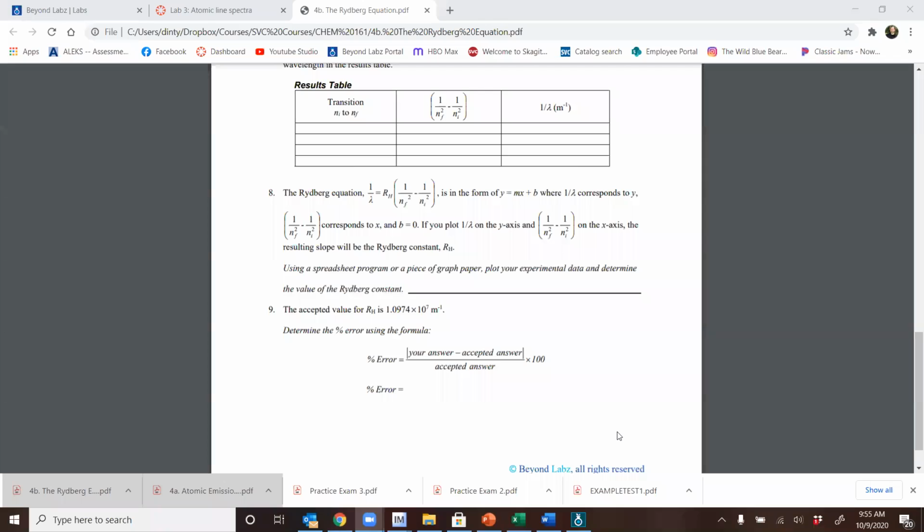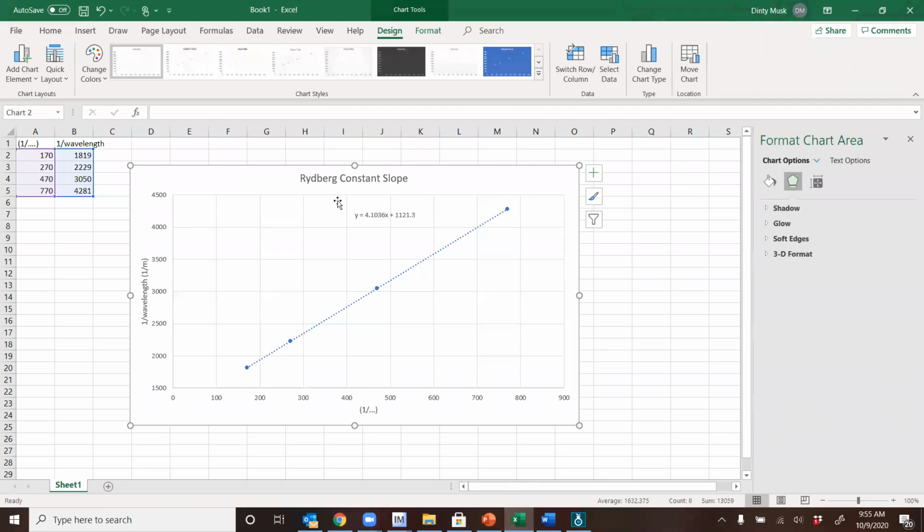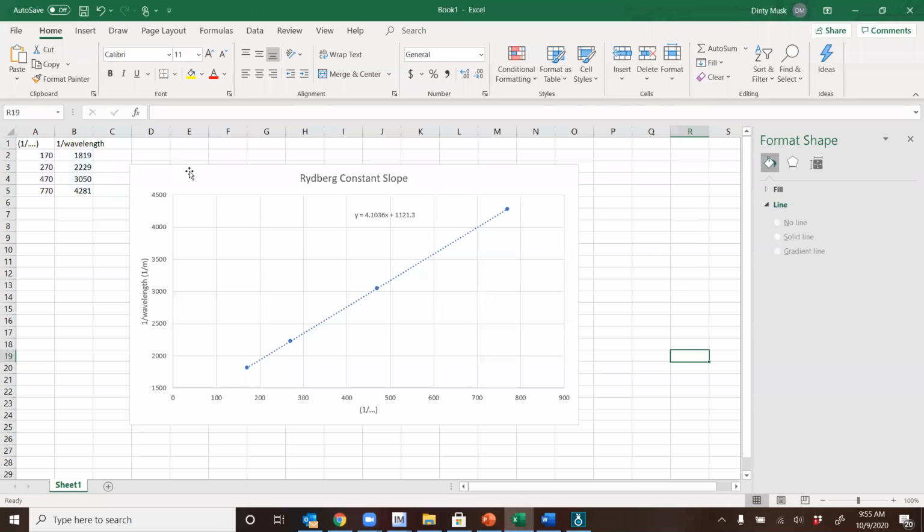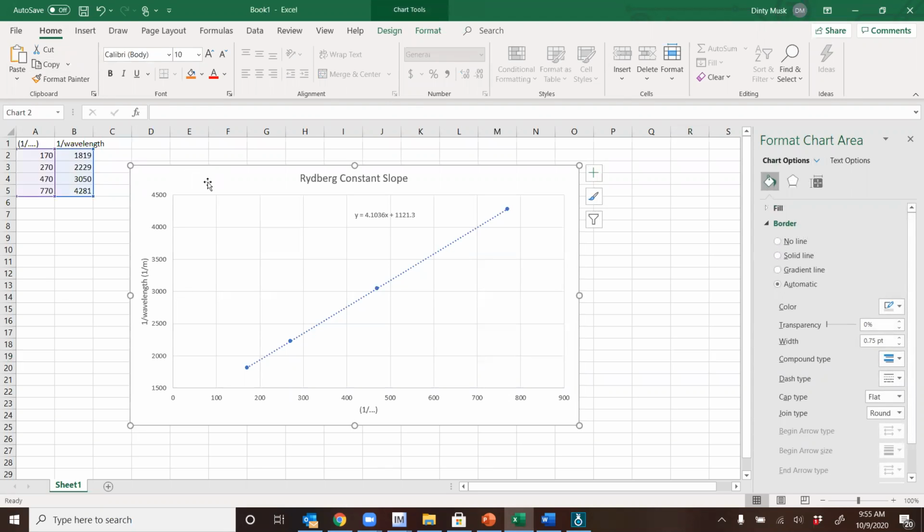So the way that you can put that data into your lab, I would appreciate if you would actually show me the graph that you create in Excel for this. And the way that you can do that is in Excel. I'm coming back because I know I turned screen sharing off, which was dumb. In Excel, once you get your graph the way you like it, and that you have the equation on the graph itself, so I can see that you did the calculation, you can just click on your graph to highlight it, and then Control-C to copy it.